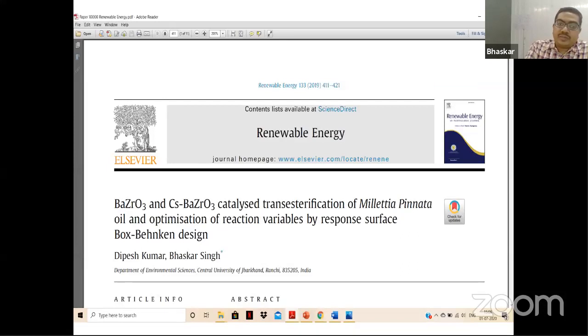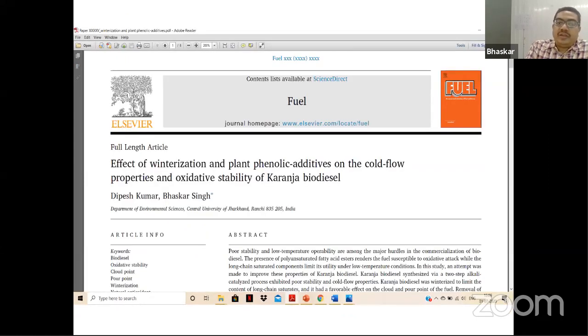Then we have used other catalysts, barium zirconate and cesium doped zirconate, for production of biodiesel from Millettia pinnata. It's basically Pongamia, that is the local name. Then we have tried to enhance the oxidation stability of biodiesel, as well as the cold flow properties of the biodiesel.